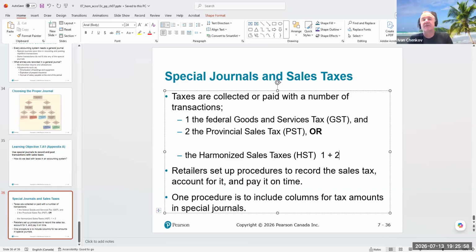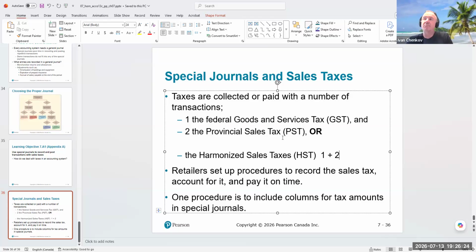And because of all those specifics in the industry in British Columbia, the HST didn't last a long time. Only 2 years, and in 2013 it was scrapped, and we went back to the GST and PST. So there are a few provinces in Canada which use GST and PST.